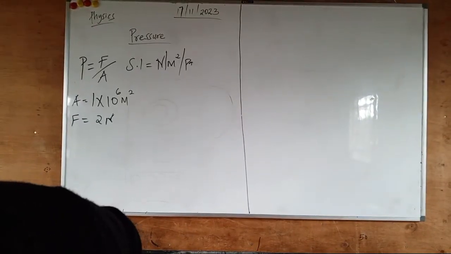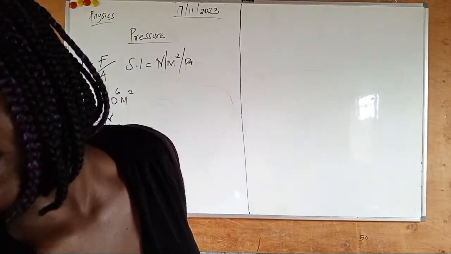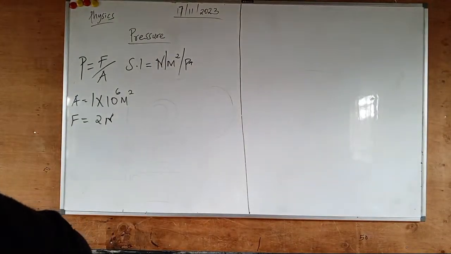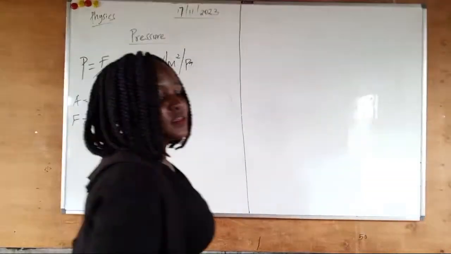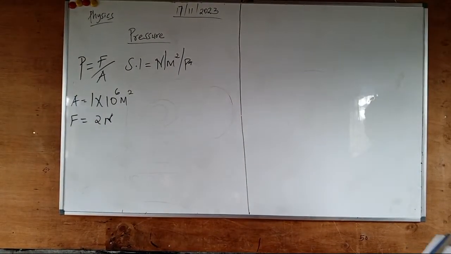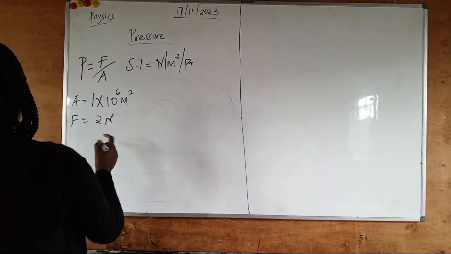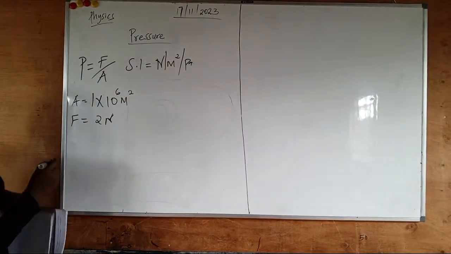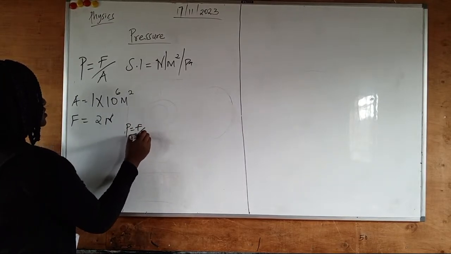Umeelewa venye nafanya? Okay. Nice. So you just come and substitute whatever you're given. Already hii ndio data yetu. So we know that pressure is equals to force over area, right?